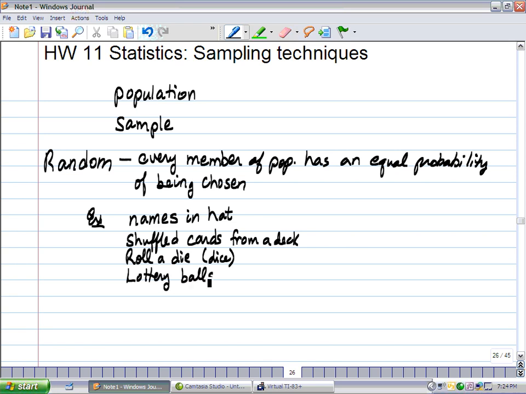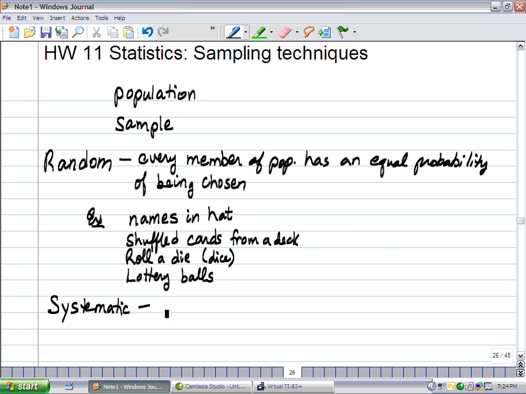And when they do the lottery balls, they make sure that everyone weighs exactly the same as the others, so that lottery ball number 1 weighs exactly the same as lottery ball number 45. They just put more paint on the 1 to make it as heavy as the one with the paint of the 48, so even the little painted numbers all weigh the same, so they have an equal chance. It's a random sample.